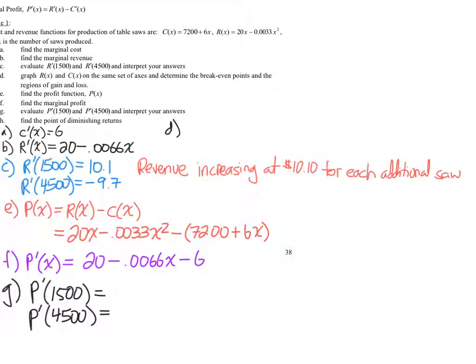All right, positive derivatives are positive slopes. So it's going up. It's showing an increase. Negative derivatives, negative slopes, showing a decrease. So in the second case, it would be that the revenue is decreasing at a rate of $9.70 for each additional saw. All right.